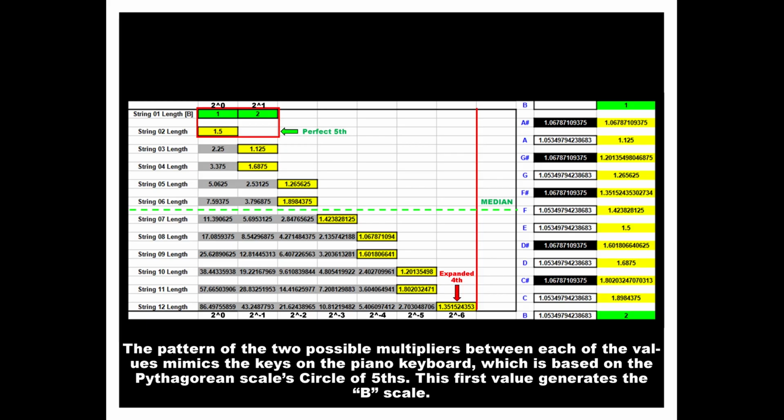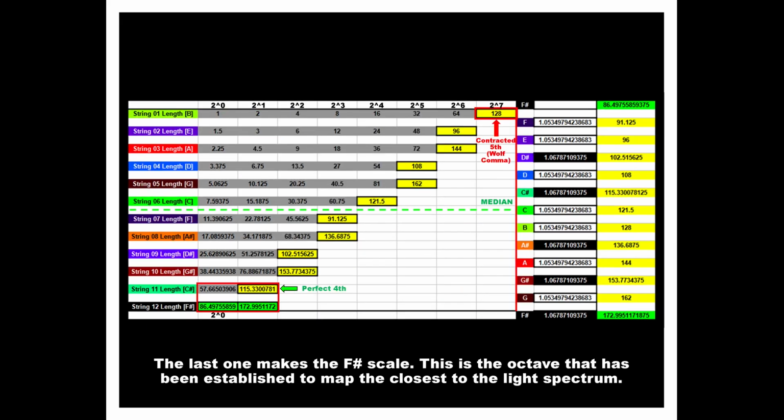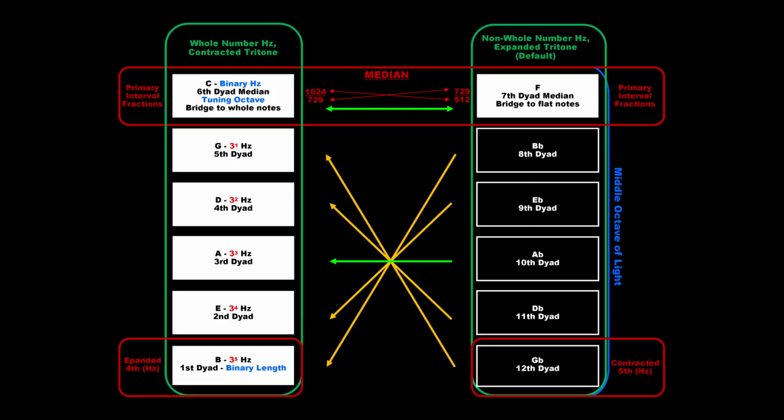And then F sharp has the contracted fifth, and its contracted fifth falls on a binary string, which is B. And if we look here, the F sharp octave from F sharp to F best encompasses an octave of light. And to tune this octave of light, we tune off of C, and we tune C to a binary number. So lots of interesting binary interactions happening in Pythagorean tuning.